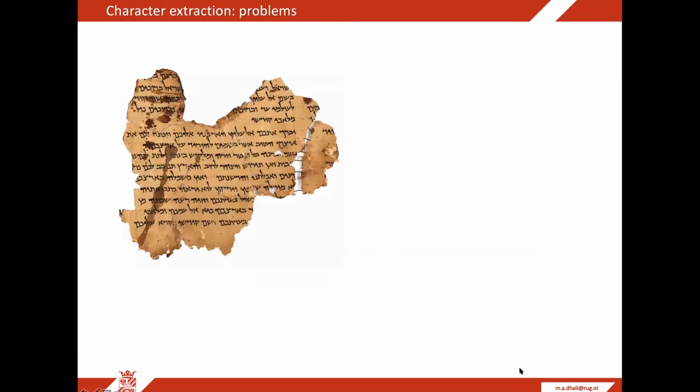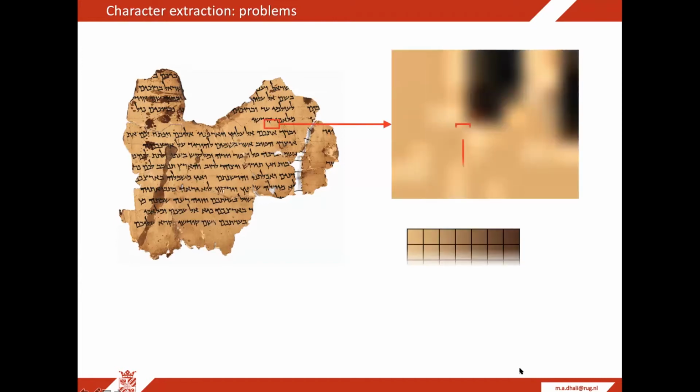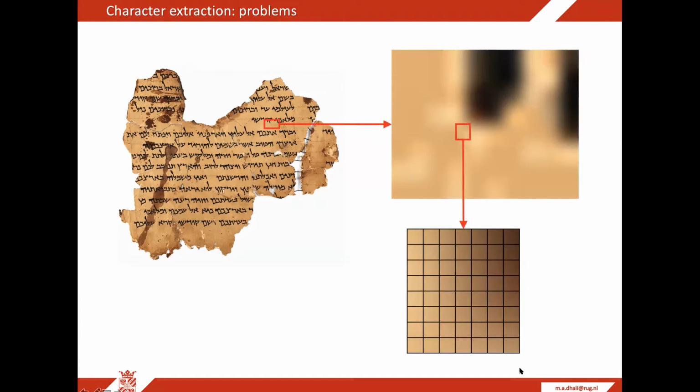Now, to do that, you see that this is the digital image, and the really elementary unit component of a digital image is the pixel. So if you go to the pixel level of this image, even for this nice image, what you see is that the separation between the ink pixel and the background pixel is not that contrasting, or it's not that easy to find when you go to the pixel level.